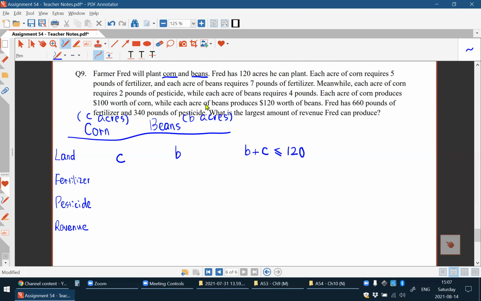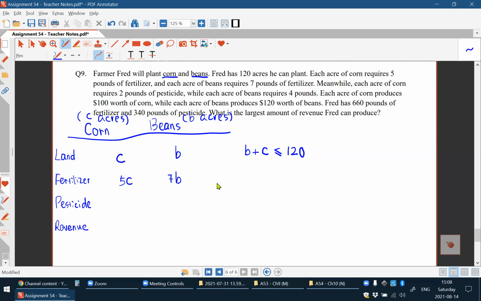And if he plants C acres of corn, we already know that each acre of corn requires 5 pounds of fertilizer. So for C acres of corn, it requires 5C pounds of fertilizer, right? And each acre of beans requires 7 pounds of fertilizer. That means B acres of beans require 7B total pounds of fertilizer, right?